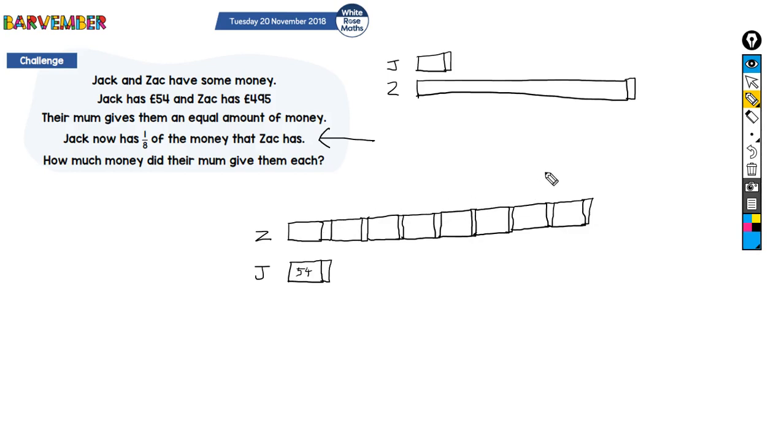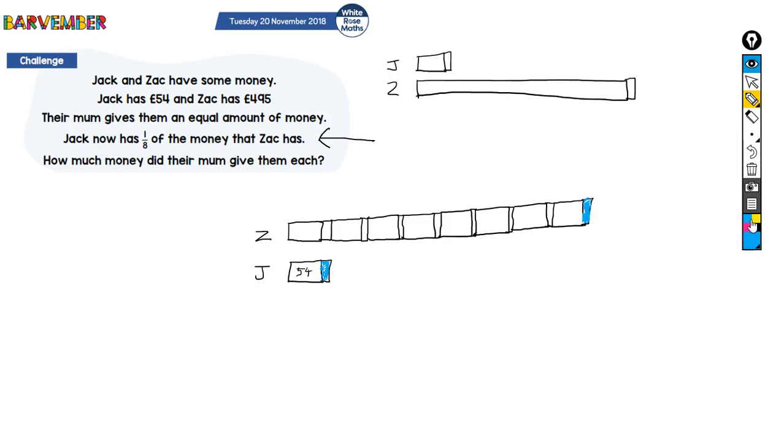What you've drawn makes it look like Zach was given 8 times the amount of money, because he's got 8 of these blocks. No, what it actually means, I'm going to shade that in blue. This is the money that Jack got from mum, and I'm going to shade this in. This is the money that Zach got from his mum, and they're exactly the same.